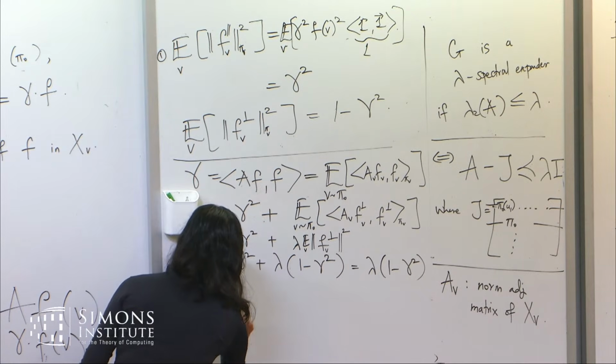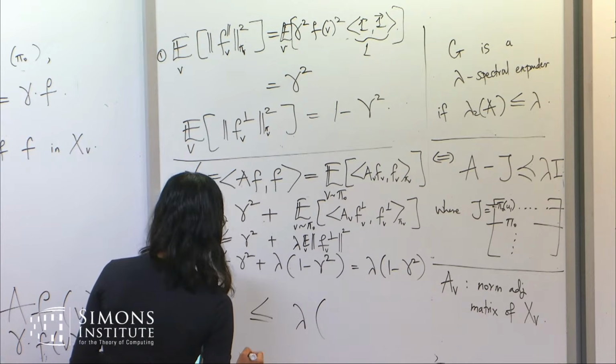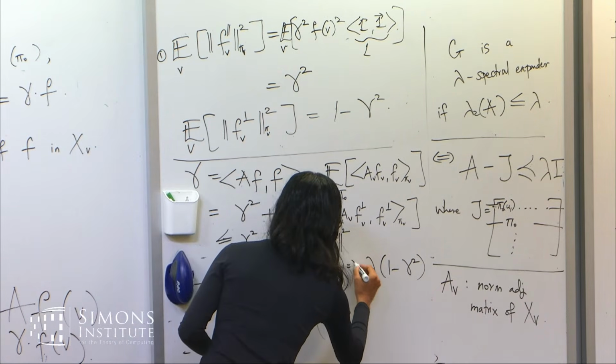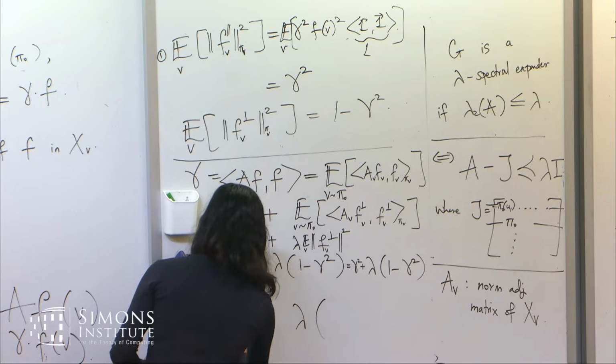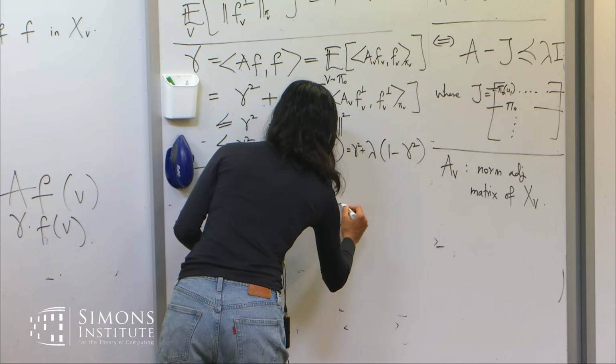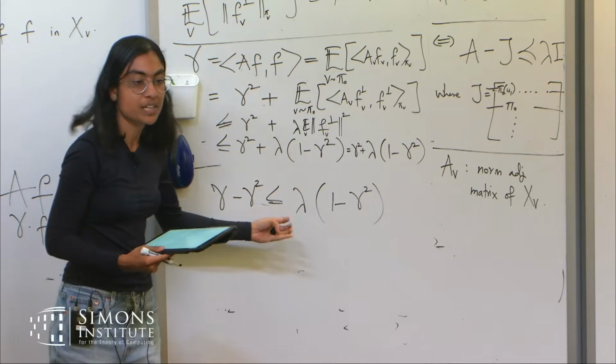Okay, so what we have gotten so far is that gamma minus gamma squared is at most lambda times 1 minus gamma squared. And now we will use the fact that gamma is smaller than 1.